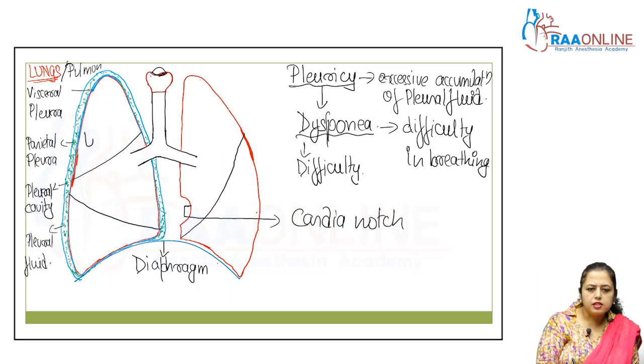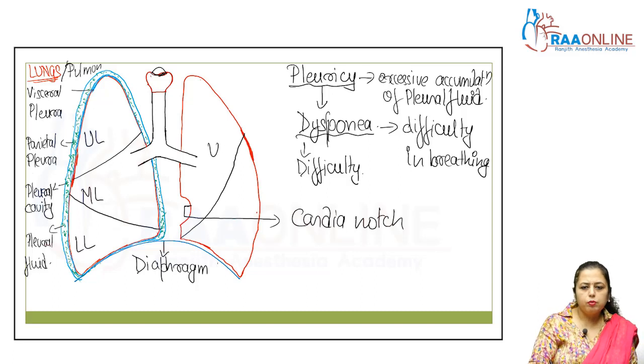That is the upper lobe, middle lobe, and the lower lobe. That is upper lobe and lower lobe in the left lung, and that is the right lung.